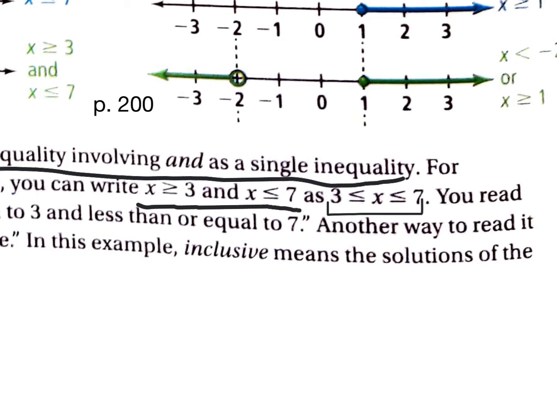And a couple ways we could read that. We could read that as x is greater than or equal to 3 and less than or equal to 7. Or we could say that x is between 3 and 7 inclusive. And inclusive, like the book says, means it includes both the 3 and the 7.